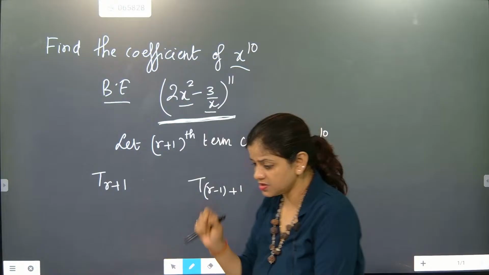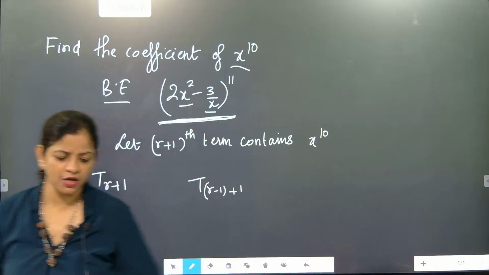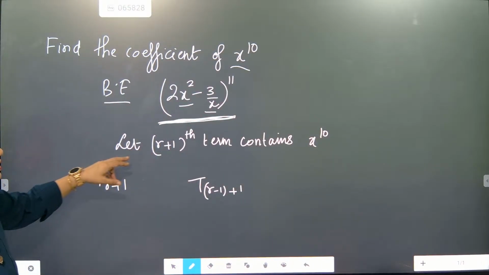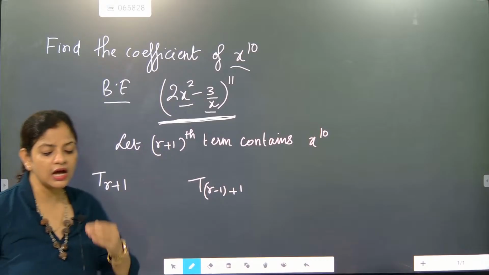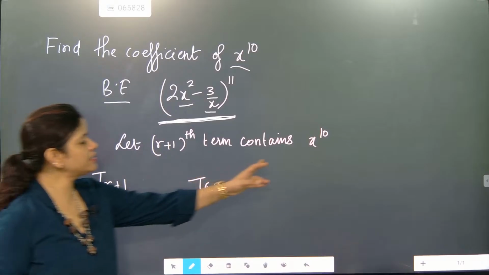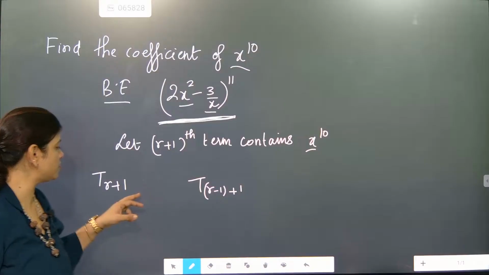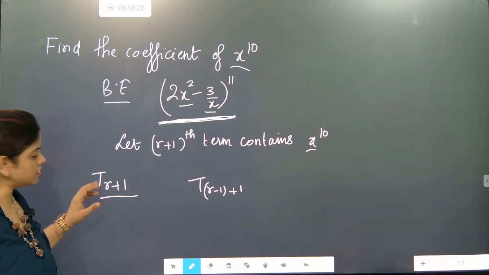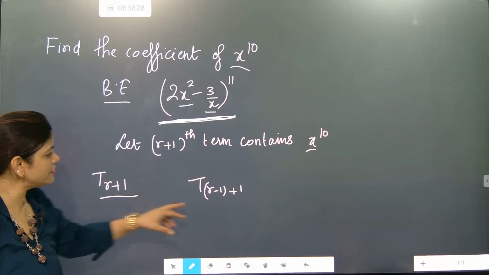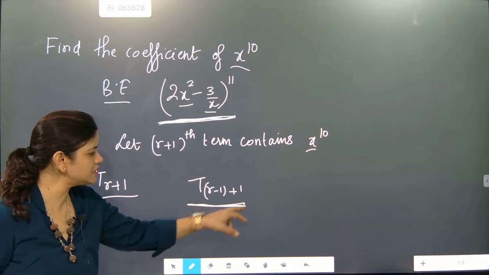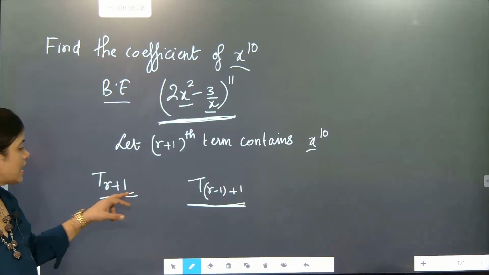Always remember, this is the only complex section of binomial. When you write with the rth term, let the rth term contain x to the power 10, then you can't write this one, understood? You can't write because that rth term is this one, and this is the r plus 1 term.